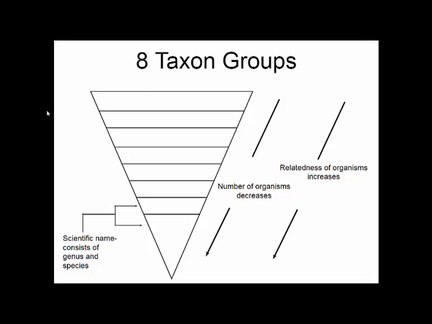Kingdom is really general, right? We're in the animal kingdom, but so is a worm, and so is a spider and a fish. We do have some things in common, but it's still very general. But as we move down the taxonomic groups, we get more and more specific, and the organisms that share that group are more and more closely related.